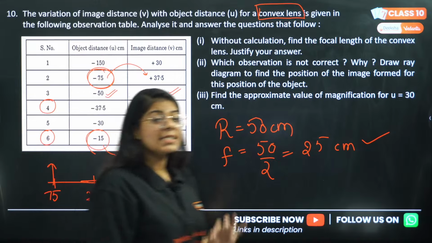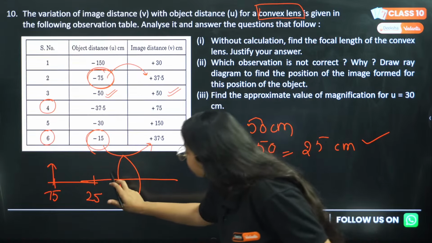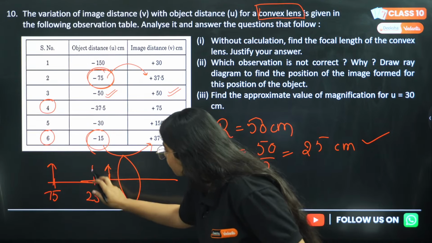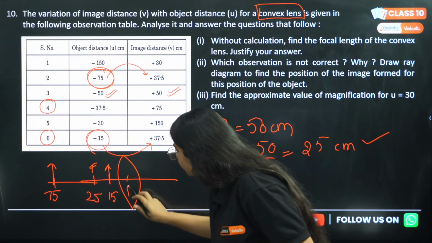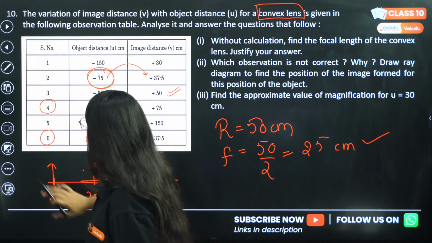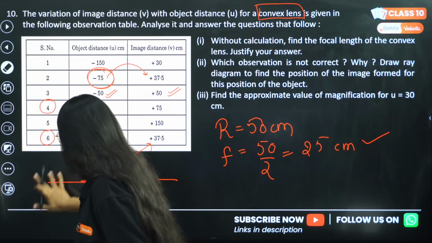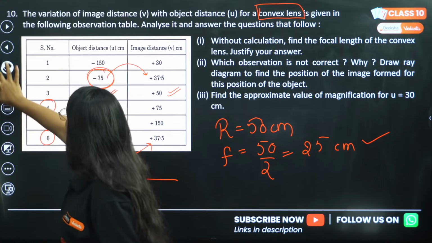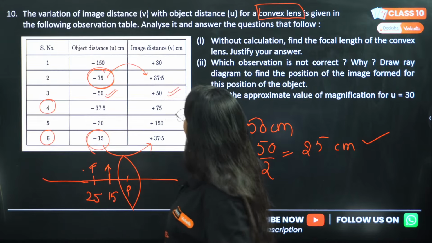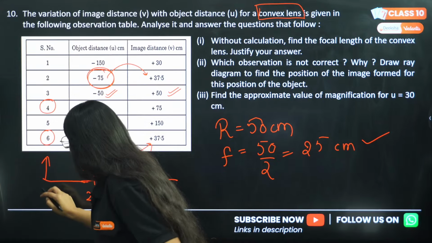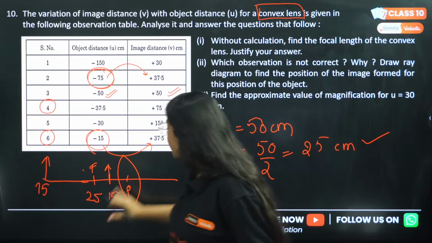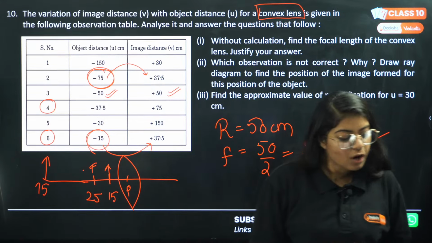Now, in the 6th case, the object is at 15 centimeter. That is, it is between focal length and pole, correct? Oh, sorry. This image will not be on this side. This image will be on the other side. Okay, so what did I do? Okay, it was correct. This is at 75. Now, this is my object in 2nd case. This is my object in 6th case. Which of this is wrong?